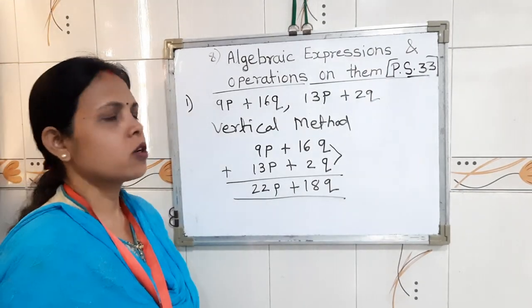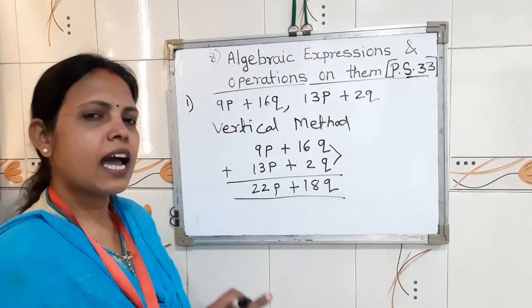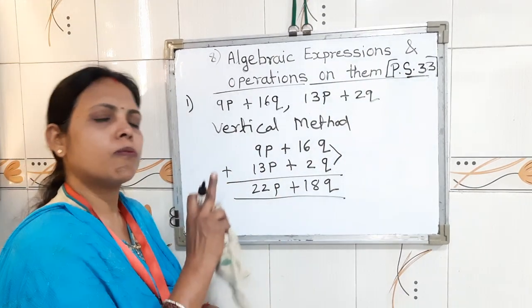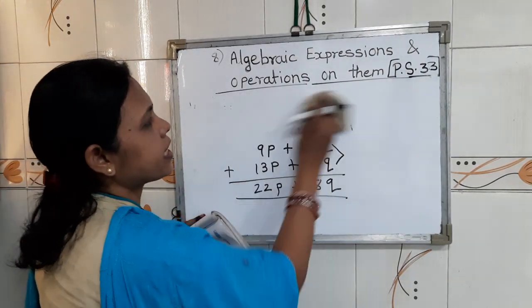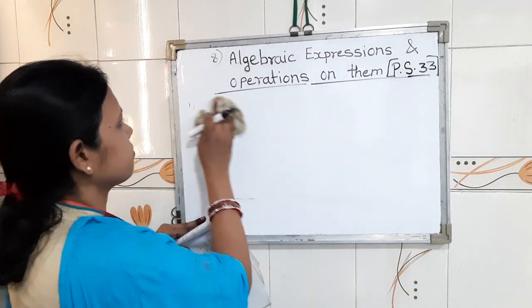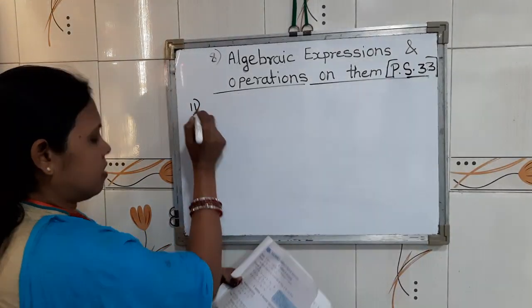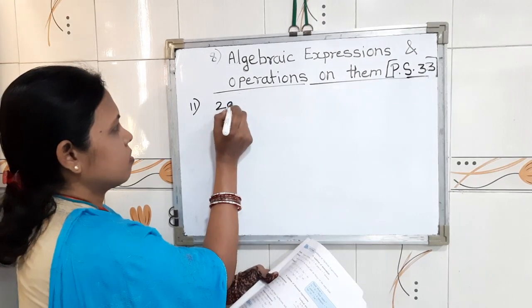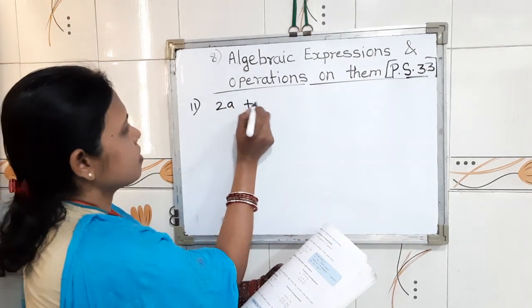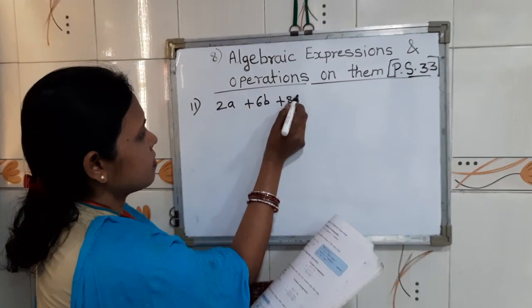So I hope for question number one, both methods, horizontal method as well as vertical method, you understood. Now we will solve the second question. Question number two. Here in the second one, 2a plus 6b plus 8c.